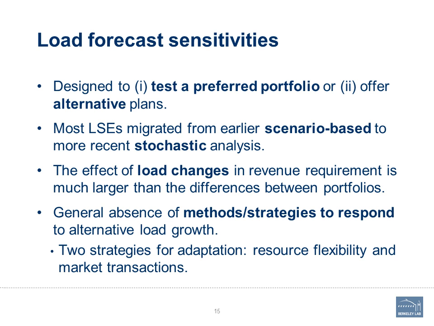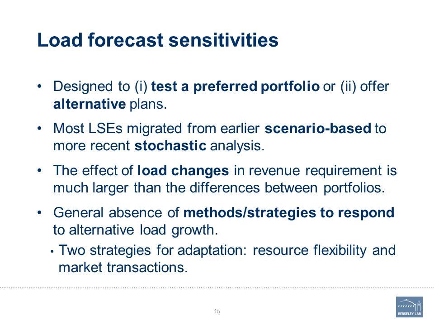The alternative that was used more commonly was to develop a different plan. So it was to usually take the preferred portfolio and either add a few resources or subtract a few resources to meet a new load forecast, and then assess the cost difference.